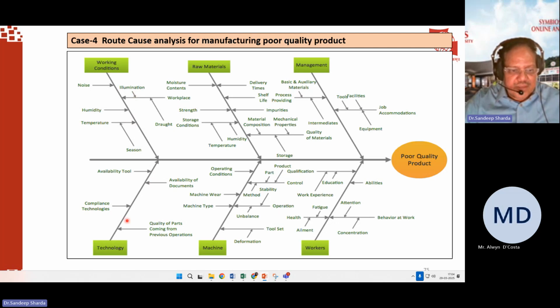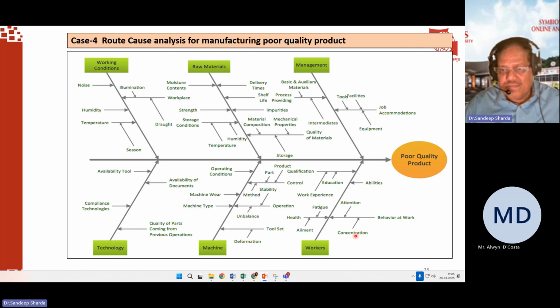Technology: availability of tools, compliance technology, quality of the parts coming from previous operations, or operating conditions, machine wear, machine type. Then there is fatigue among workers, education level, and concentration behavior at work. So these are the subsets we are going to note down.